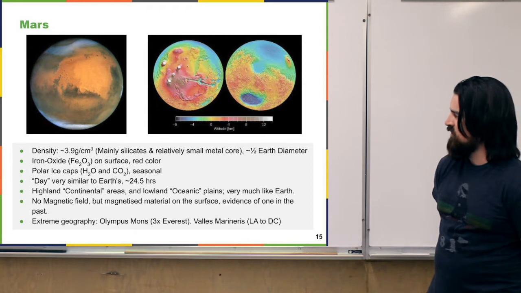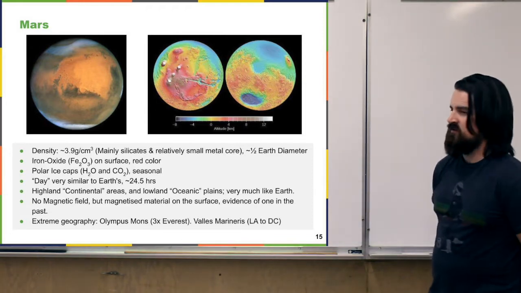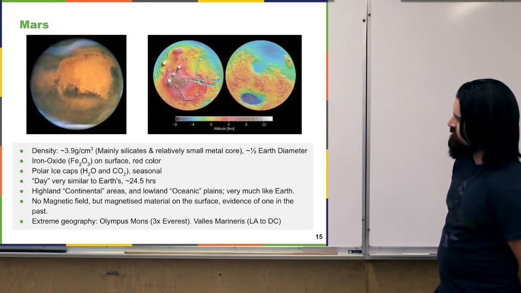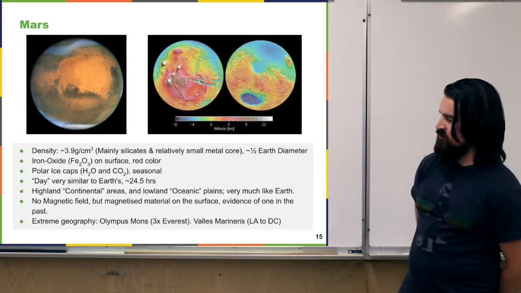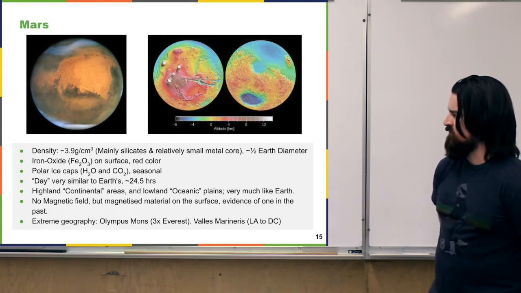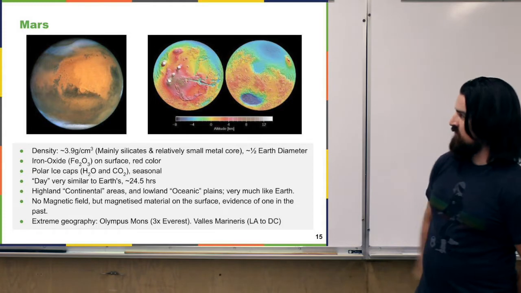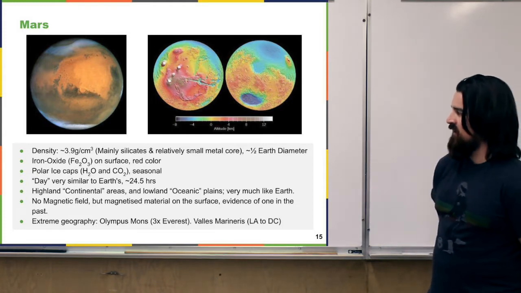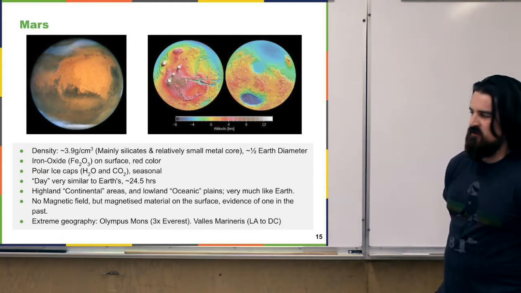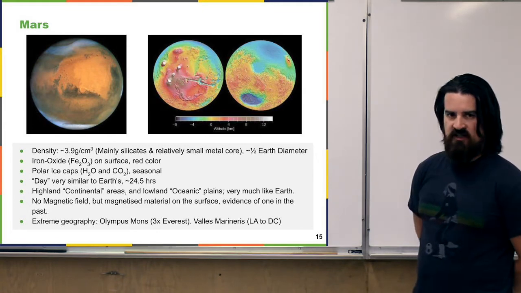There's a relatively small metal core. It's only about half Earth's diameter, I think about 1/10 of the volume. The red color you can even see with your naked eye when you look at Mars comes from a decent amount of iron oxide on the surface. Mars, as you can see in the image on the left there, has polar ice caps that are made up of not just water ice, but also carbon dioxide.